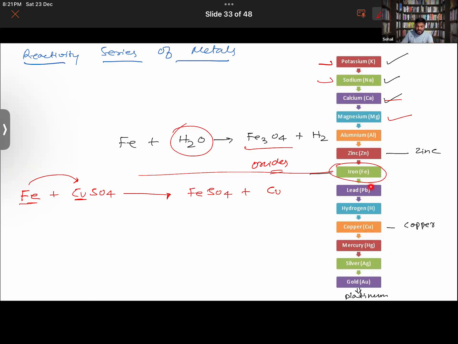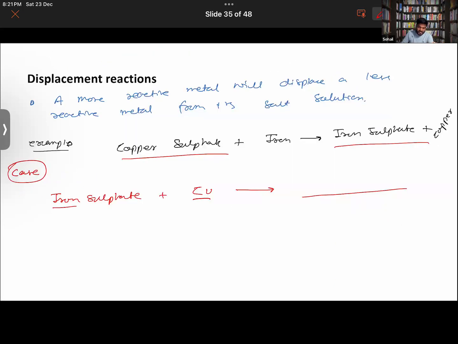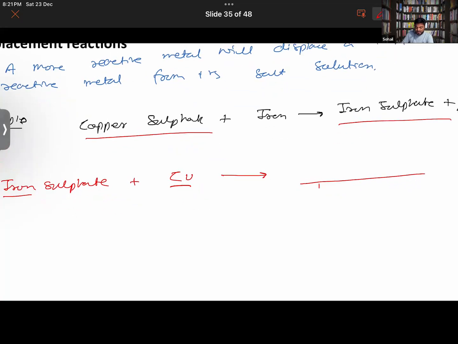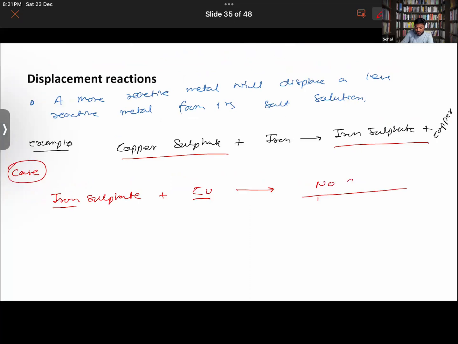So iron is more reactive, hence copper will not be displacing here. So no displacement reaction takes place. Is that clear to everybody? Yes, sir. Clear? That is clear? Yes, sir. Okay.